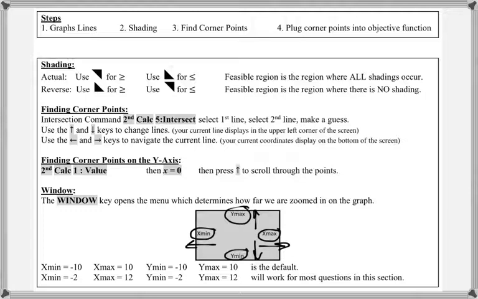If this were a touch screen, you could just swipe to the left or swipe to the right or pinch in and out, but it's not, so we have to manually enter in the window. So the default is the standard window, which is -10 to 10, -10 to 10. For this section, -2 to 12 and -2 to 12 will work for most questions.